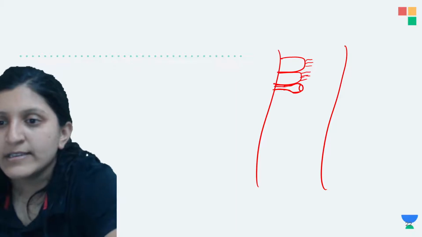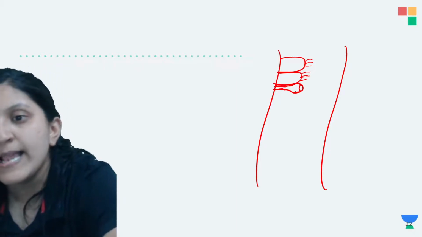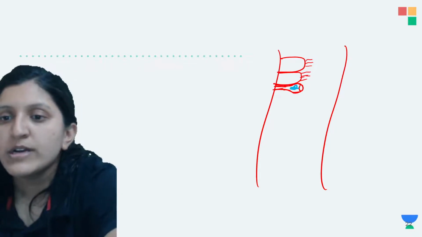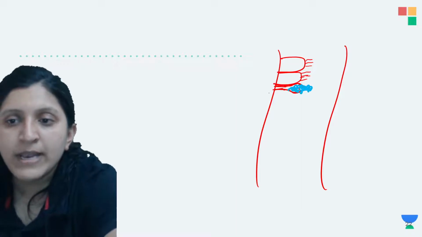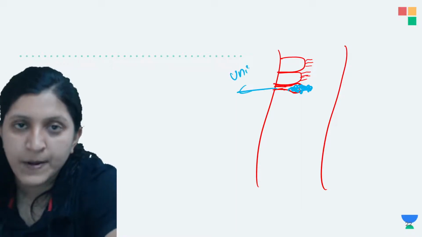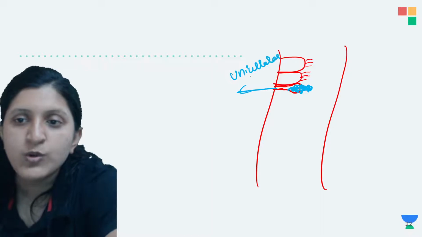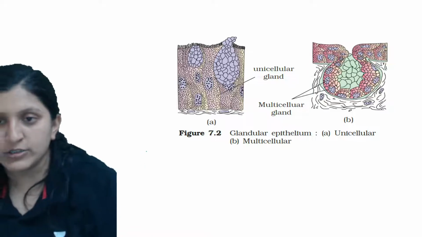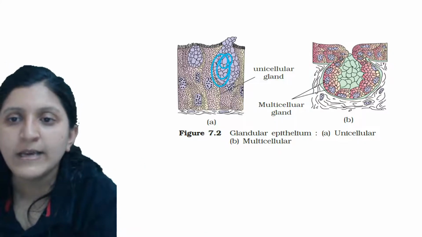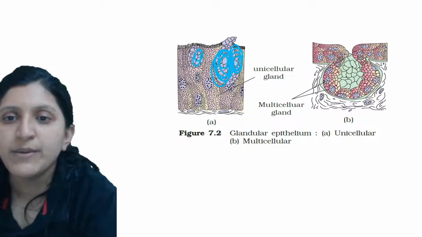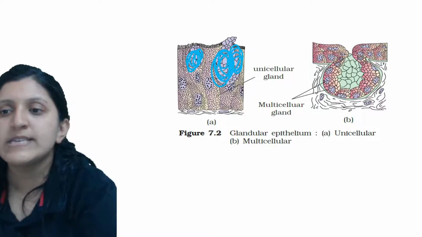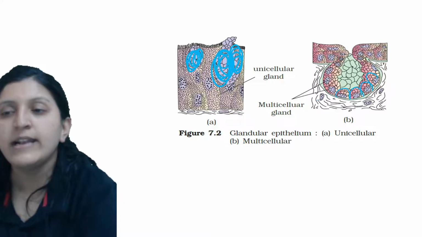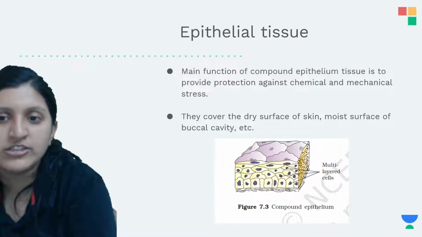It appears like this and does the function of secreting mucus. Mucus is secreted by these goblet cells, so it is unicellular. Only one single cell is producing mucus there, to trap the pathogens that have entered. You can see this is the goblet cell with mucus being produced, and this is a multicellular structure because it is a salivary gland, which secretes saliva in large amounts.